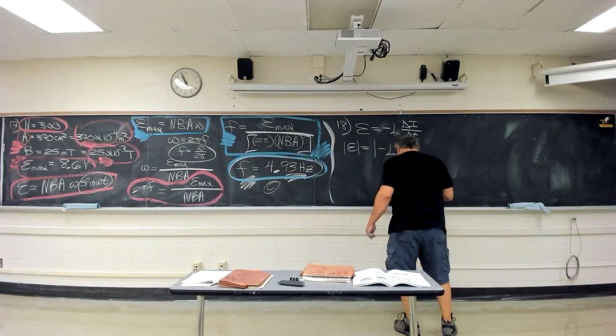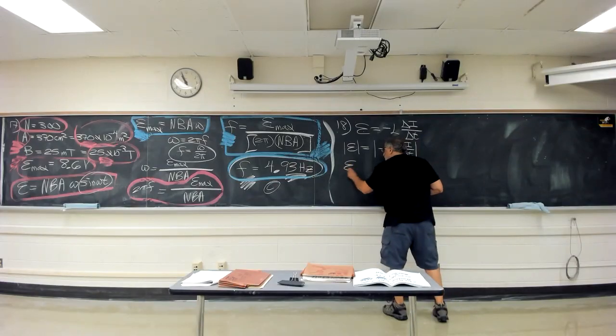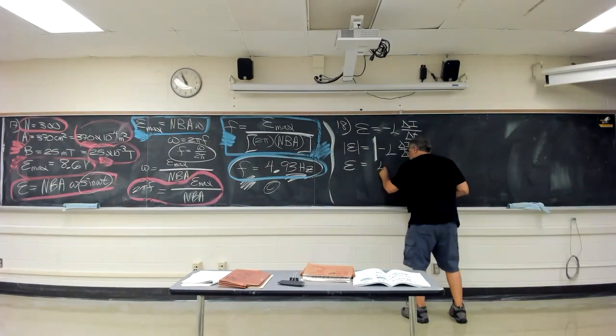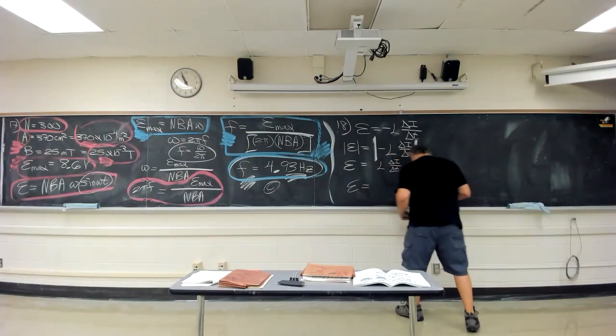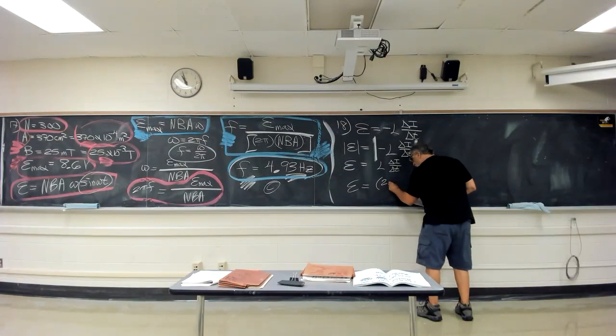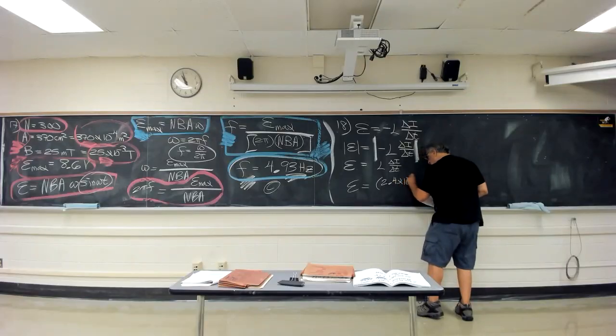So in terms of absolute value, we have L di/dt. They're giving us positive numbers all over the place, so we should be all right. They're telling us 2.4 millihenries, that's 2.4 times 10 to the negative 3 henries.